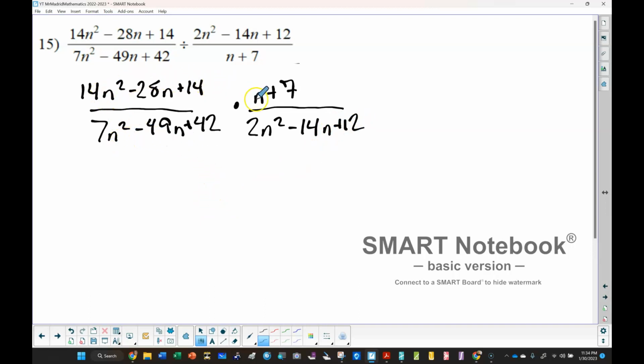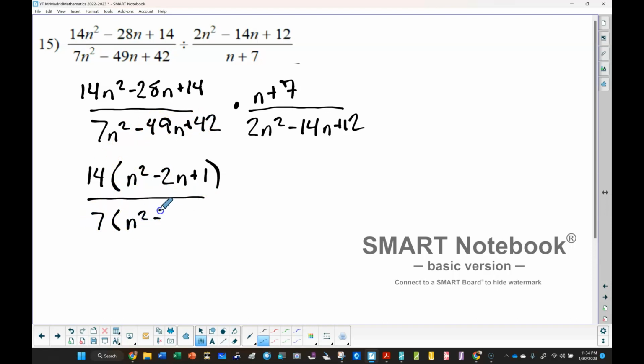So there's a lot of stuff that they have in common. So let's, I guess, start off right here, top left. Okay. 14, 14, 14 goes into each one. So I'm left with n squared minus 2n plus 1. Down here, 7, 7, 7.